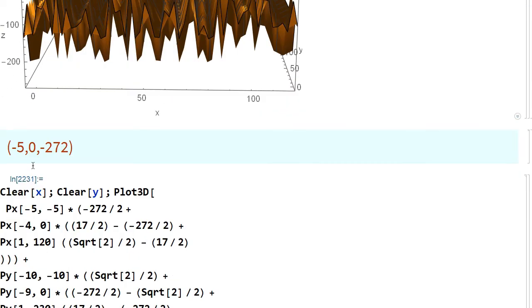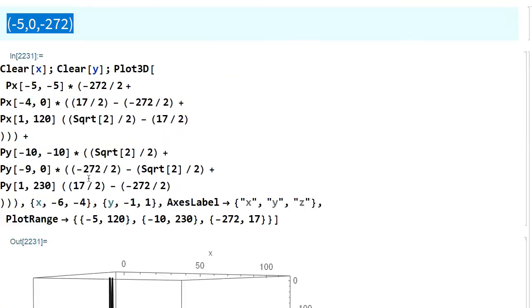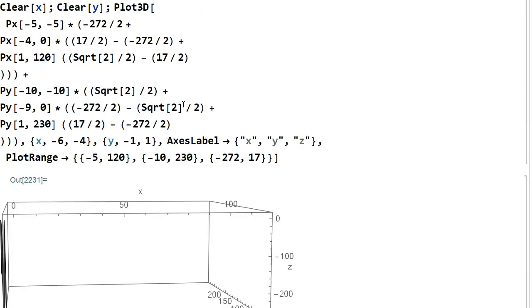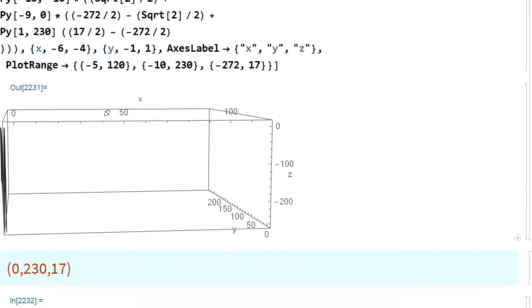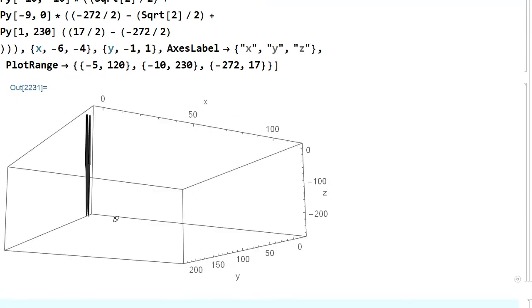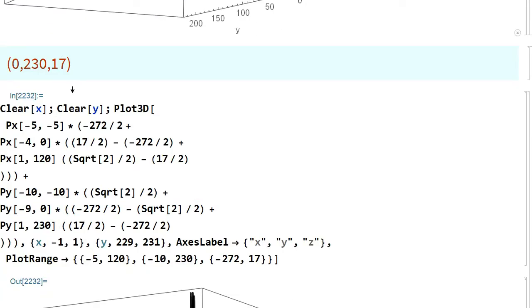But I did each separately. So this was the second ordered triple here. So when I graph this, it is supposed to be approaching the z value of negative 272, and that's down here, and it looks like it is, right? So it has to be correct. And this was another ordered triple of it.